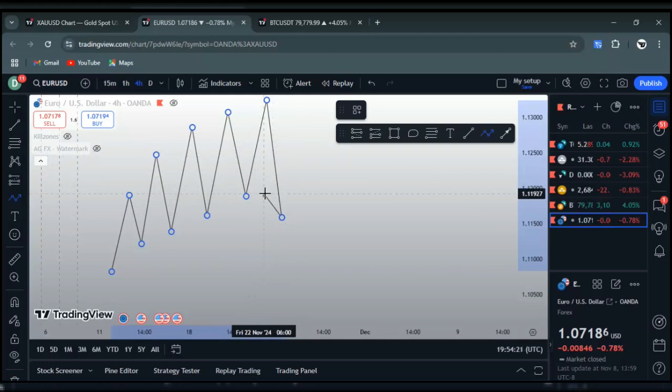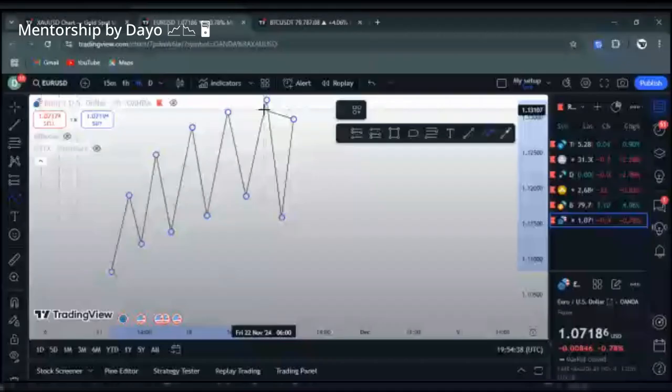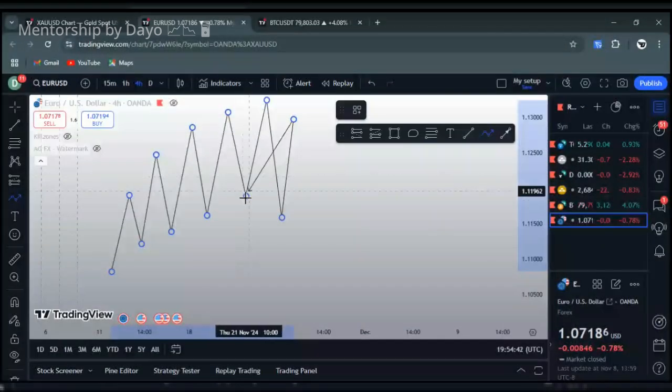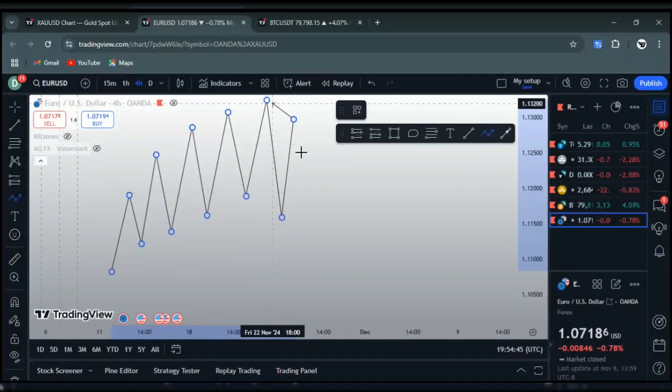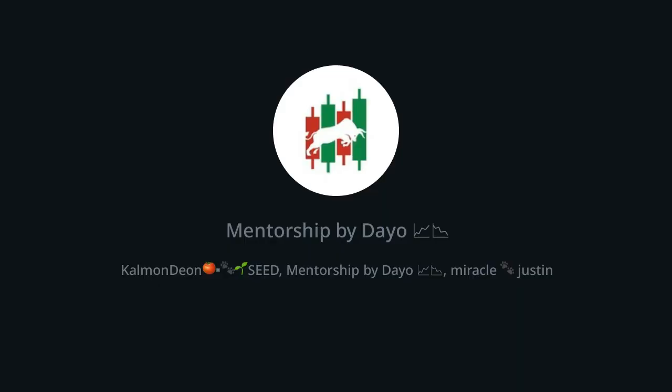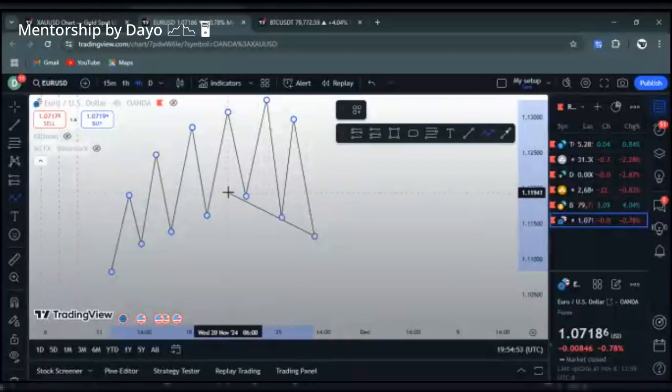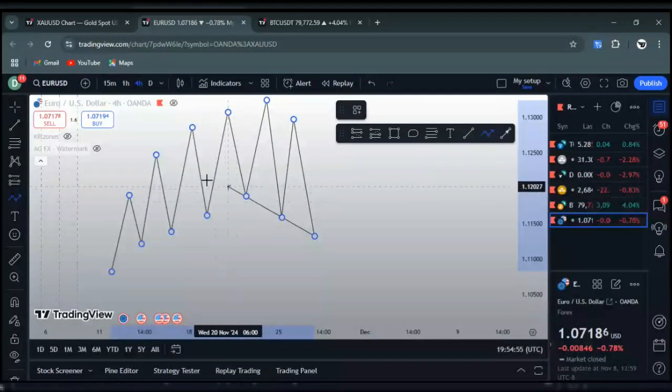But for you to be able to know a valid change of character is not only by breaking of this low, you need to wait and see price go up again and fail to break this high, because when the market keeps creating a new high, we call it break of structure. But when price breaks this low and fails to break this high and still goes down to break this low, we call it change of character. That means the market has changed trend from being bullish to being bearish.